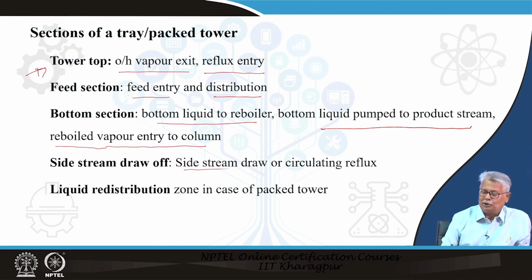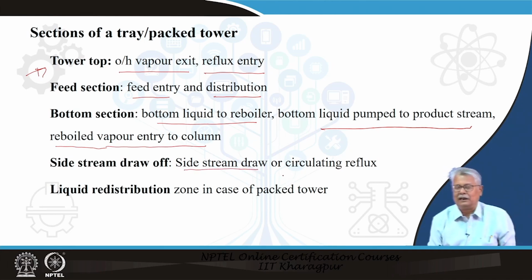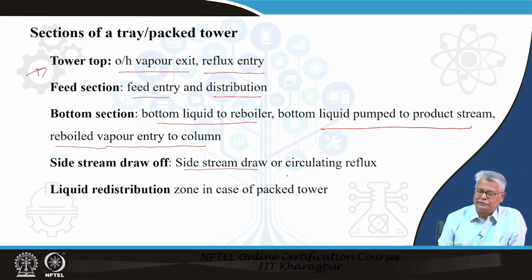There are some columns which offer a side stream draw facility also. So, side stream draws definitely have to be covered, and that is a special type of tray and a special type of arrangement which we will learn immediately after this. Such things are required not only in the case of side stream draws, but also in case you have circulating refluxes. Circulating refluxes, in most of the common columns you do not require, but they are there in large columns like the crude distillation unit.